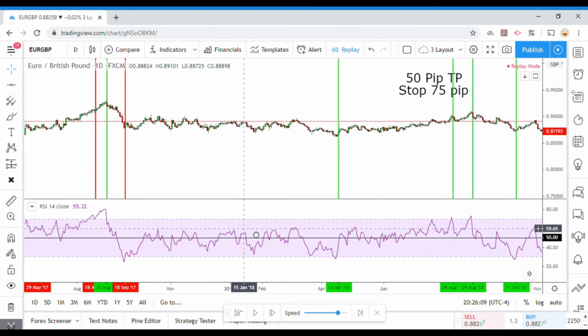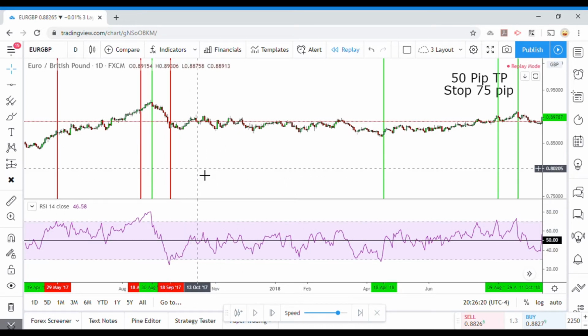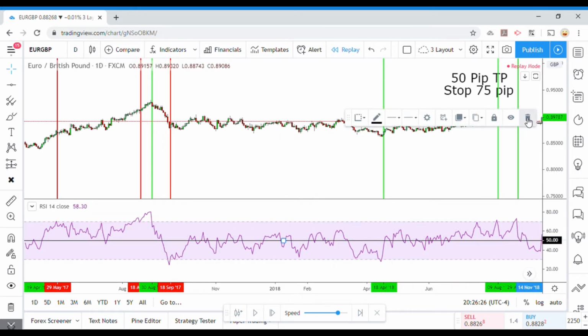Let me put a zero cross. It'd be 50, would be the zero cross technically. See if that does. Doesn't look like that's going to do much.